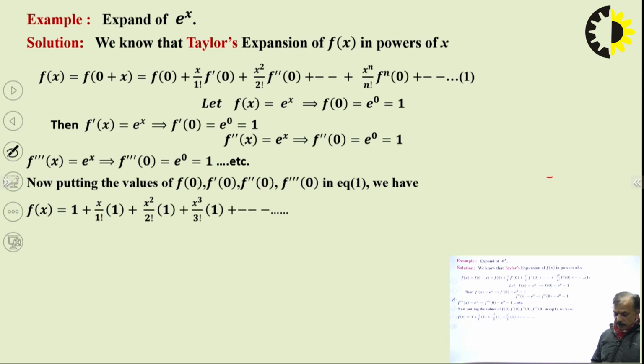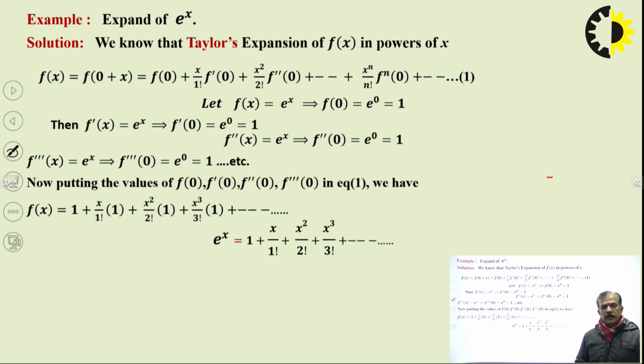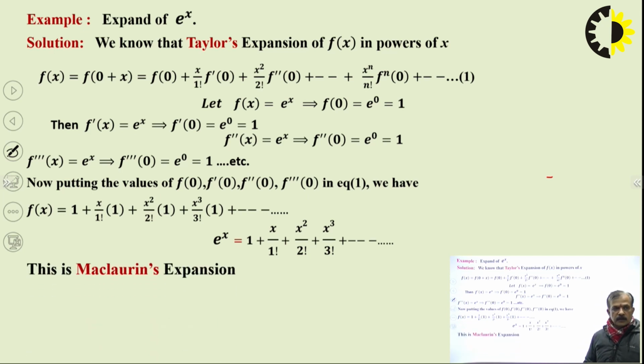So, after simplifying, the required expansion of e raised to the power x will be 1 plus x upon 1 factorial plus x square divided by 2 factorial plus x cube divided by 3 factorial plus and so on. So, this is the Taylor expansion, and this is also called the Maclaurin expansion because it is the expansion of this function in powers of x, and any Taylor expansion in powers of x is called a Maclaurin expansion.